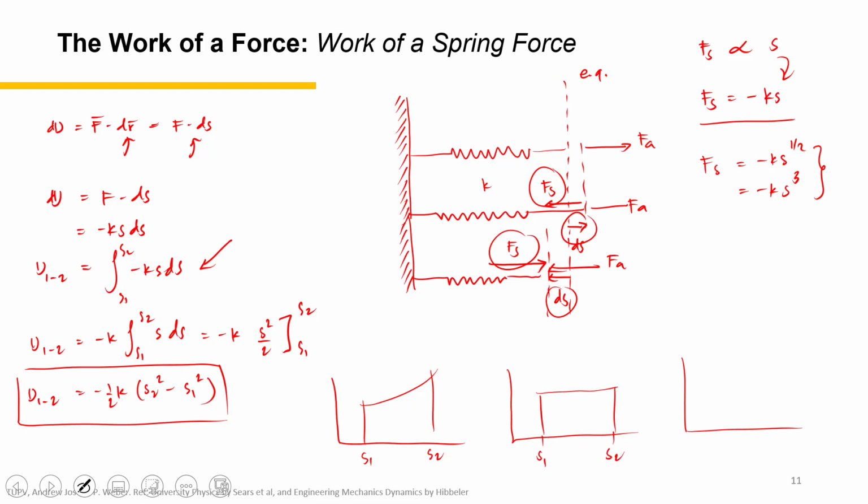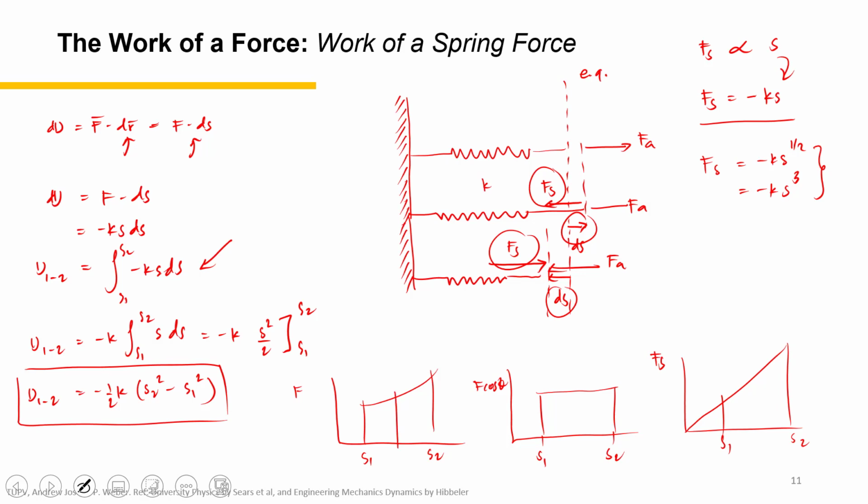For the spring, it is like this: S1, S2. This is the F, this is the F cosine theta, since it is constant, and this is the Fs. And the area under the curve is the quantity of work done.